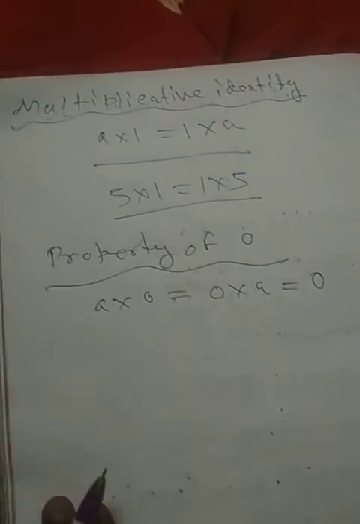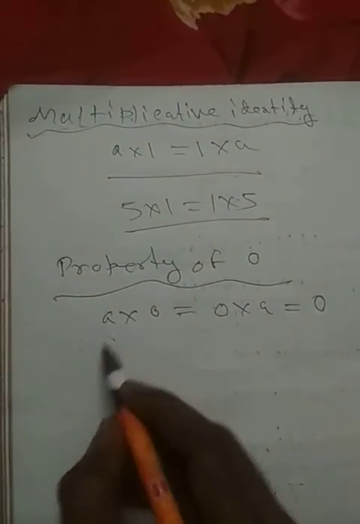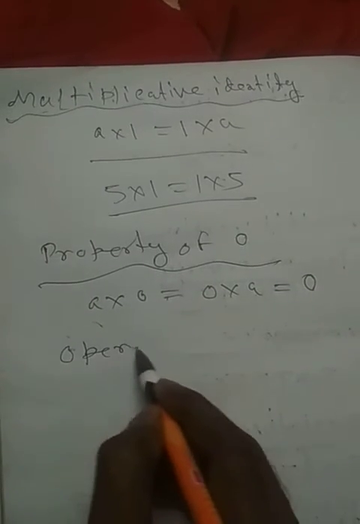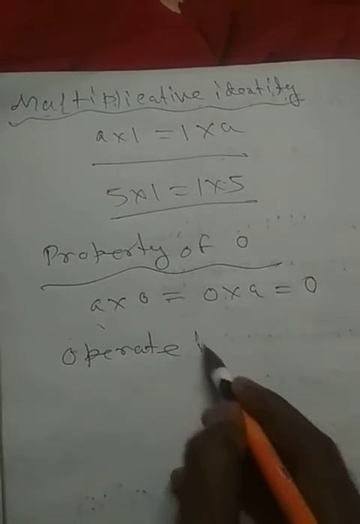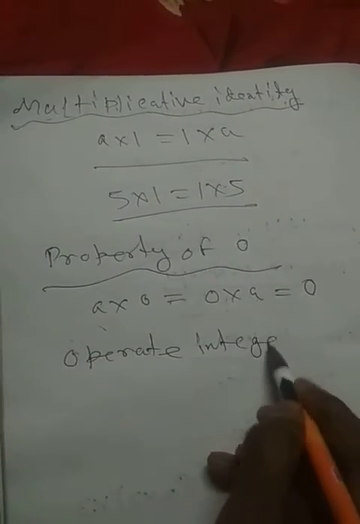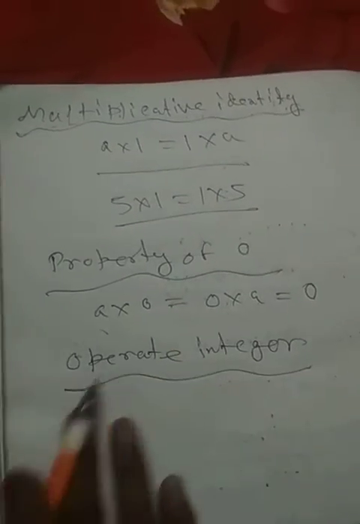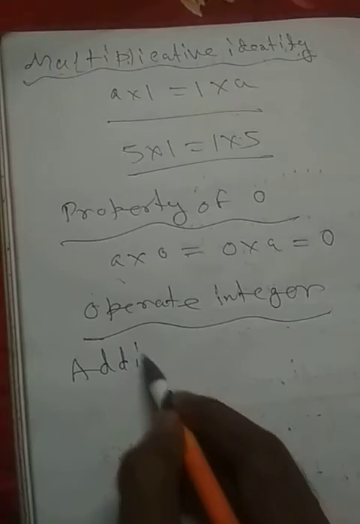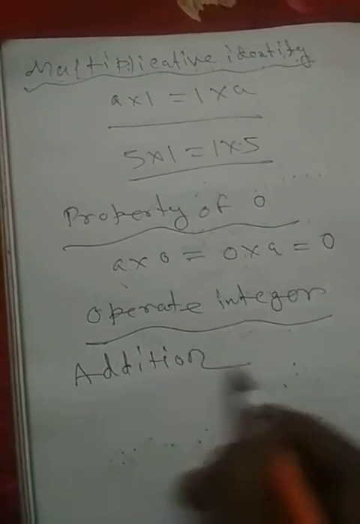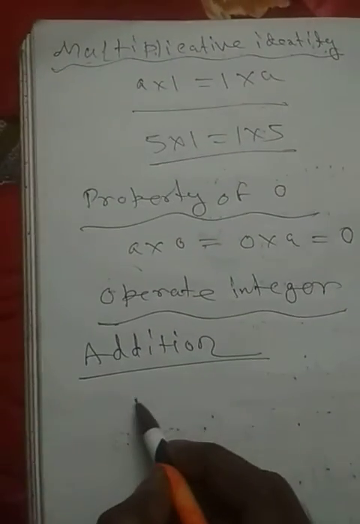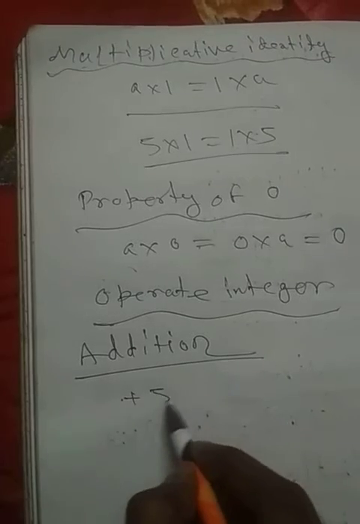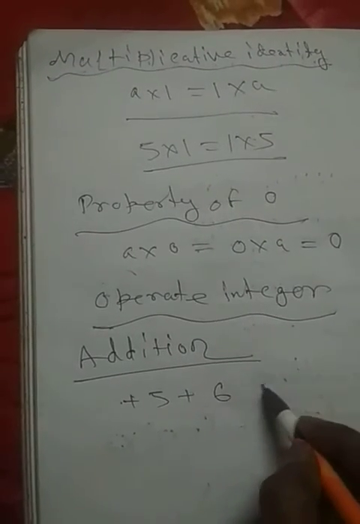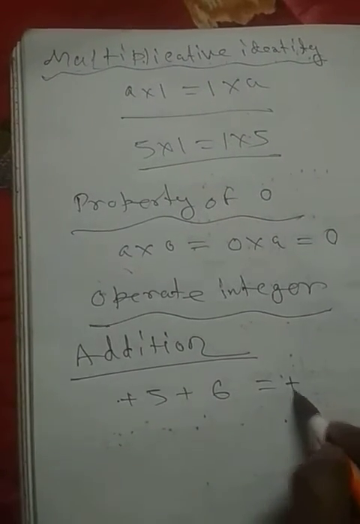Next part is you have to know how to operate on integers. In case of addition, like if there is plus 5 plus 6, the result will be plus 11.